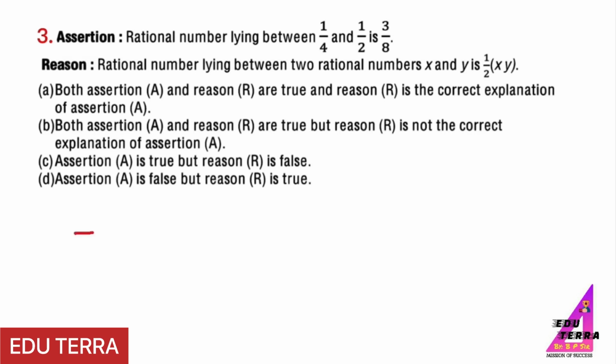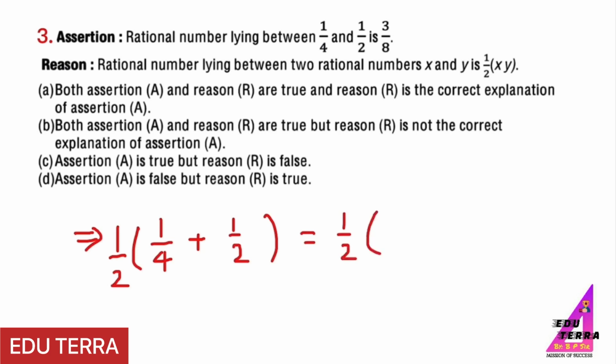So here 1 by 4 plus 1 by 2, divided by 2. Then take 4 as a LCM. Now 1 plus 2 is 3, and 4 twos are 8. So it is 3 by 8. Here assertion is true.